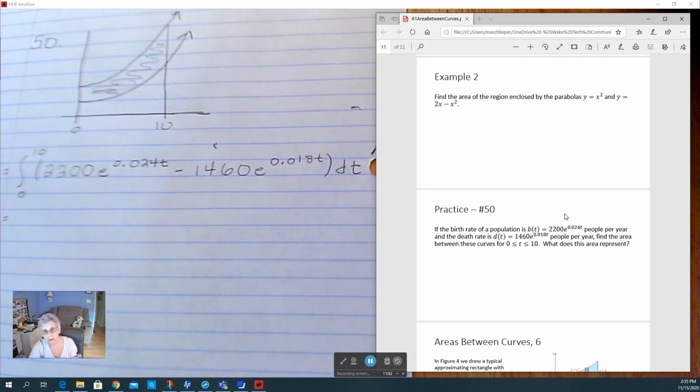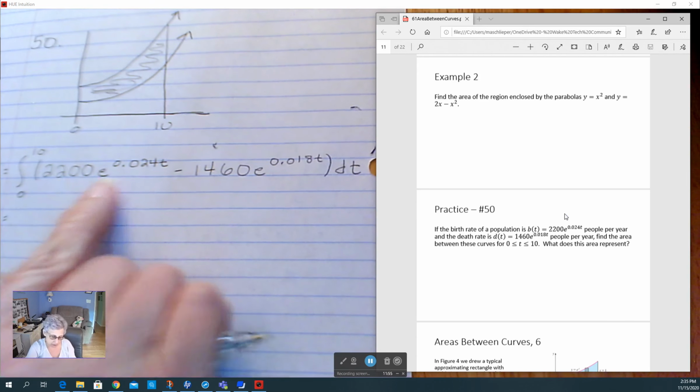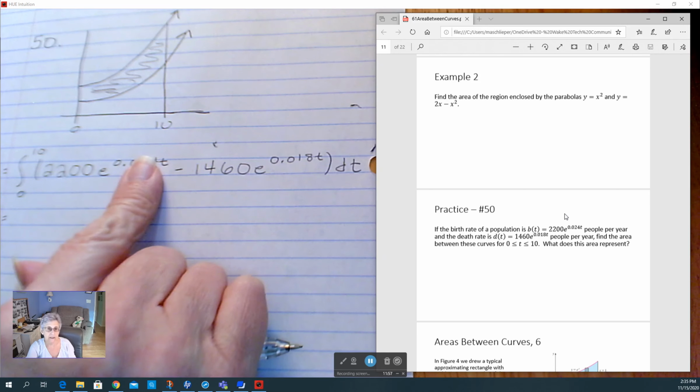Easy to do. If you do need to go back and think about u substituting, u would be equal to this exponent.